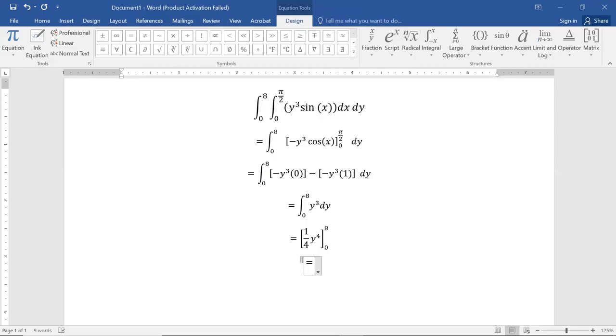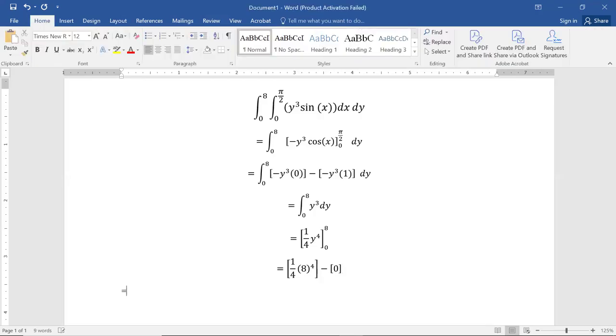When I plug in an 8, I get 1/4 times 8 raised to the fourth power. When I plug in a 0, again, saving myself some time, I'm just going to say that you get a 0. So 1/4 times 8 to the fourth power becomes 1024.